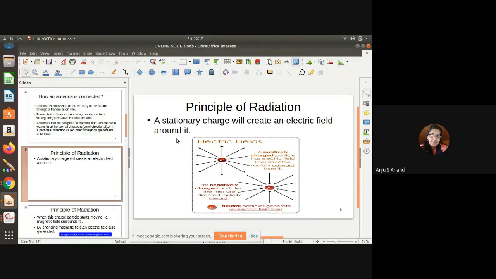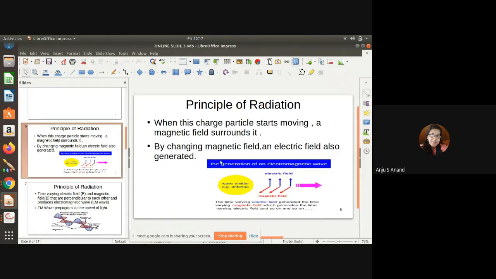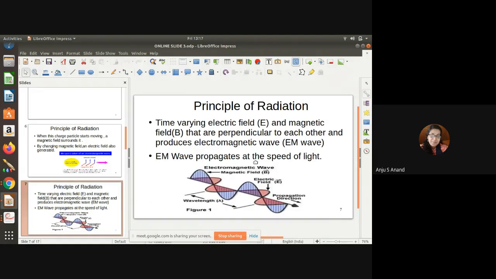A simple charged particle creates an electric field around it, and when this particle starts moving, a magnetic field surrounds it, and as we change this magnetic field, an electric field is also generated. And this electric and magnetic field are perpendicular to each other. That is the concept of generation of electromagnetic radiation, electromagnetic waves.